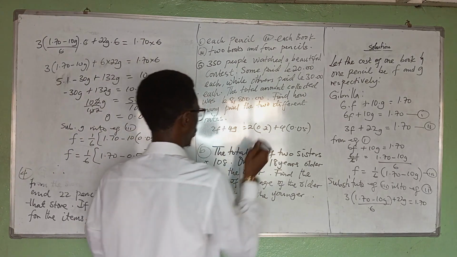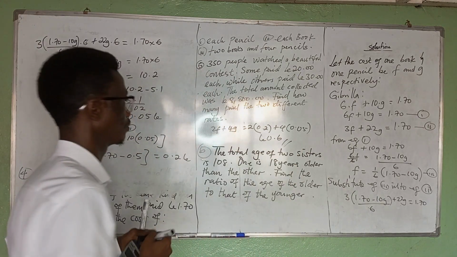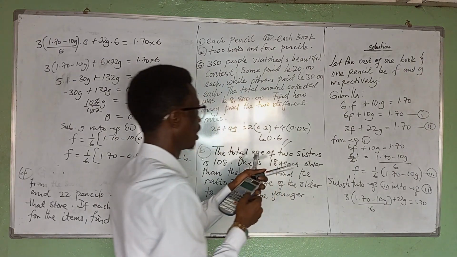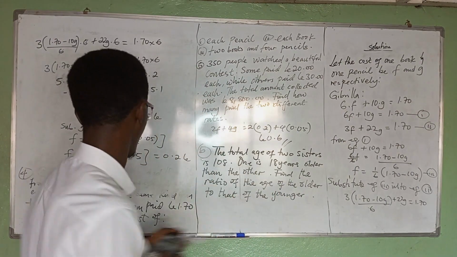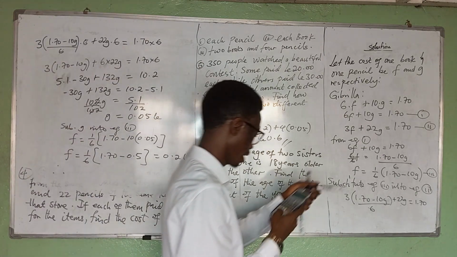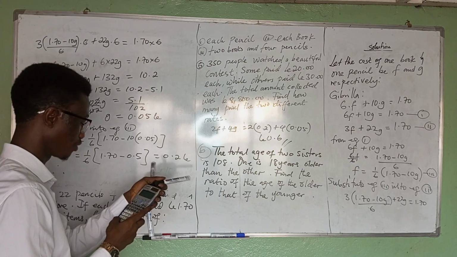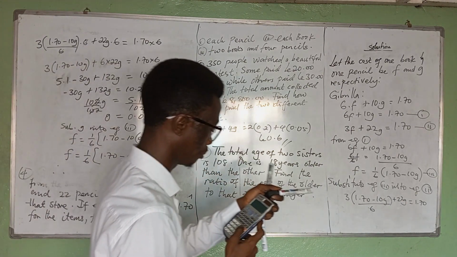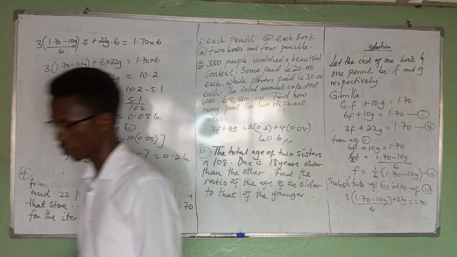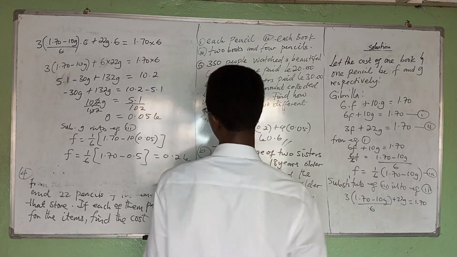So everything will be 0.6 Leon. Okay, so if you want to prove your answers, just bring them here. You have 6 times f, 0.2, plus 10 times g, 0.05. And press your answer. You are going to have 1.70. Okay, so that's it for this particular question.